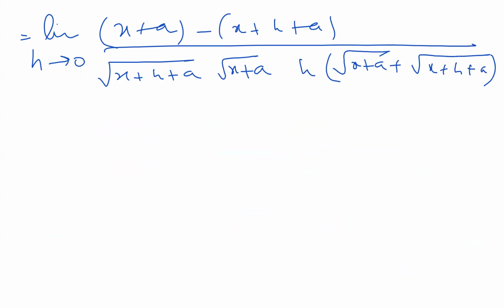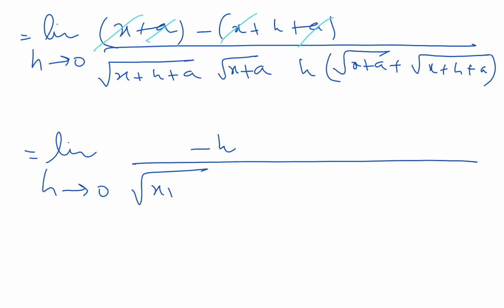Okay. So see, this x and x will go, this a minus a will go. So we will be left with minus h in the numerator.